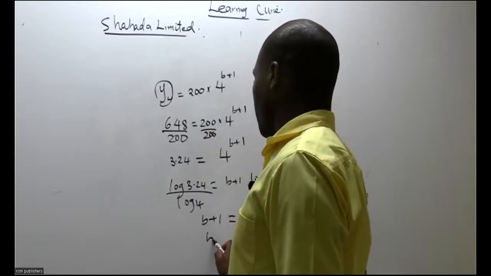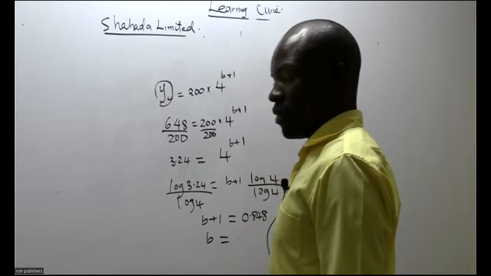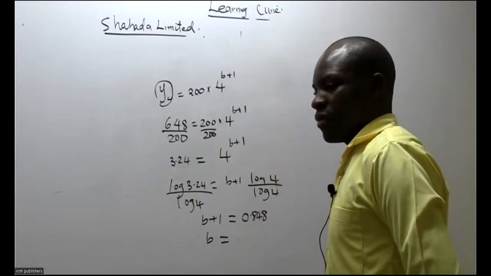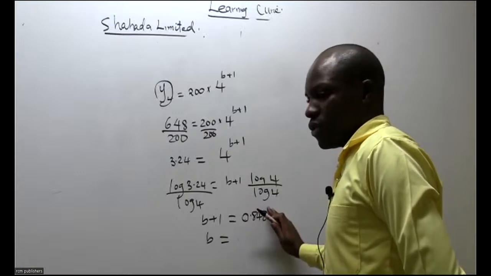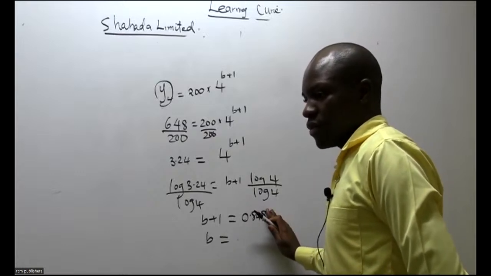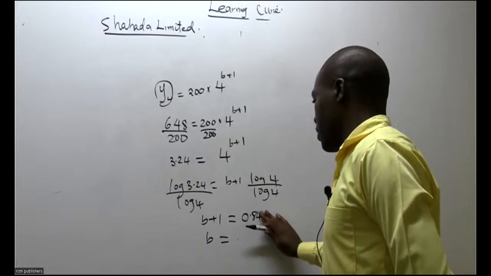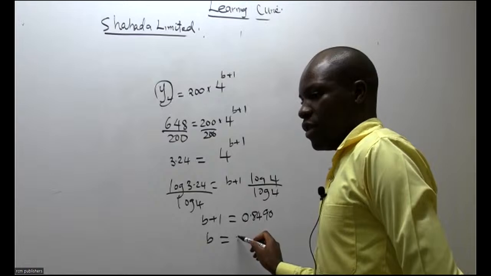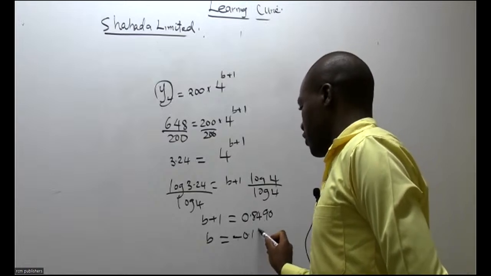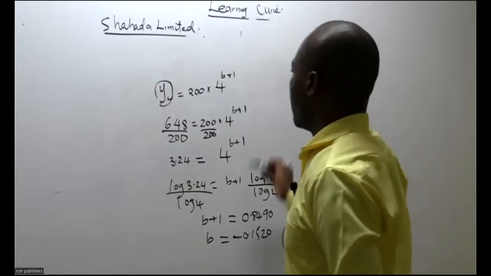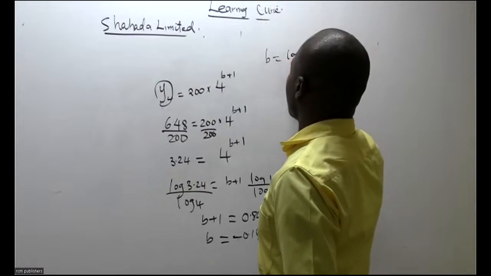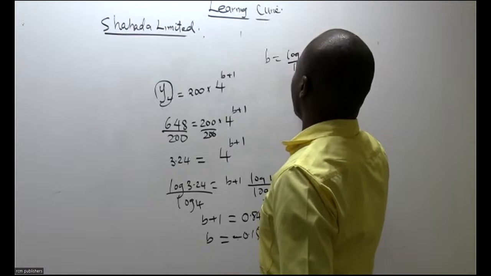So give me the value of B. What's the value of B? The value of B, negative 0.1520. Now, B is equal to log R over log 2.